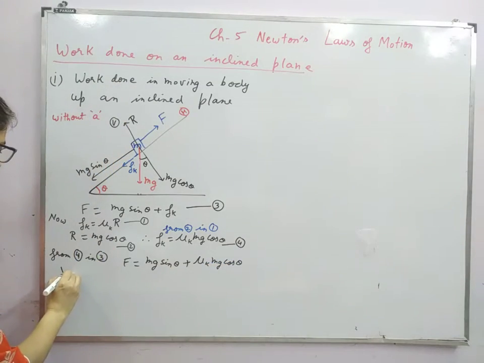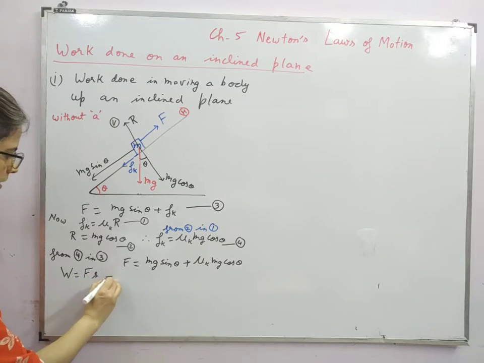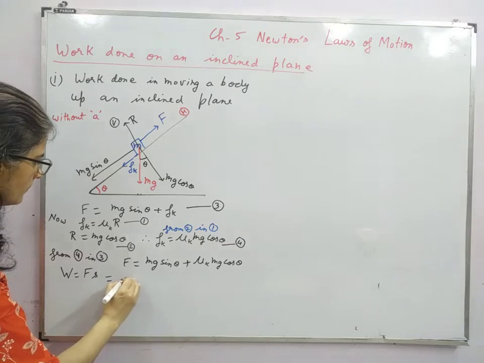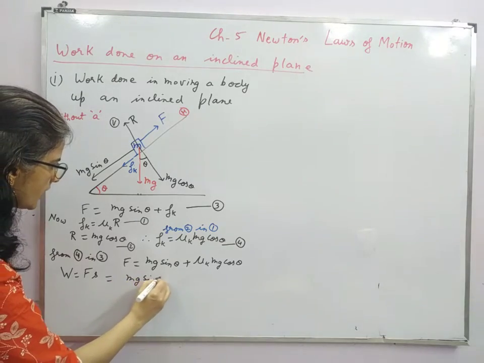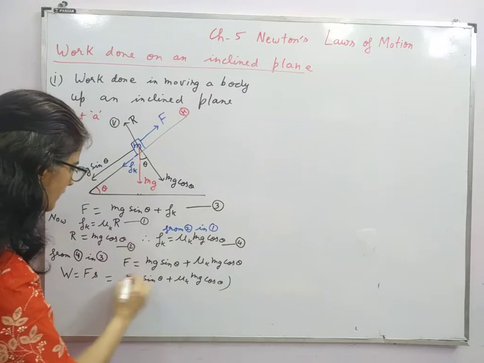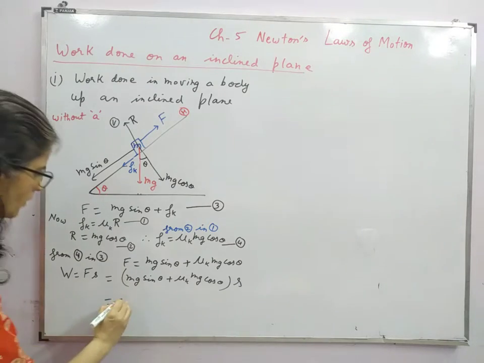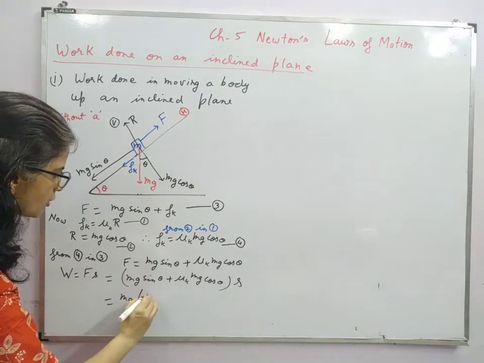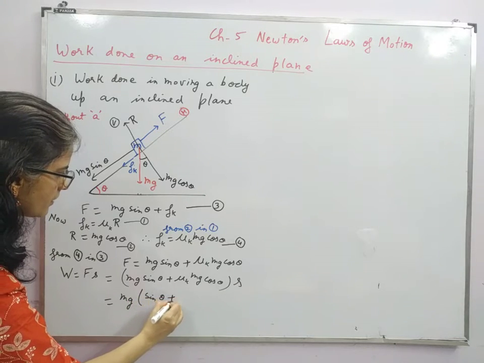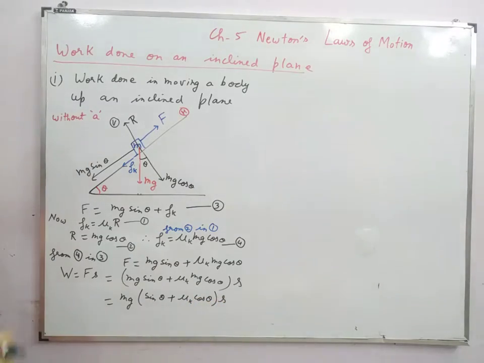Now what is the formula for work? Work is equal to force into displacement. If S is the displacement here, this will be mg sine theta plus mu k mg cos theta multiplied by the displacement. I can take mg common, so mg is outside, and this will be sine theta plus mu k cos theta multiplied by the displacement. So this is the work done in moving a body up an inclined plane.